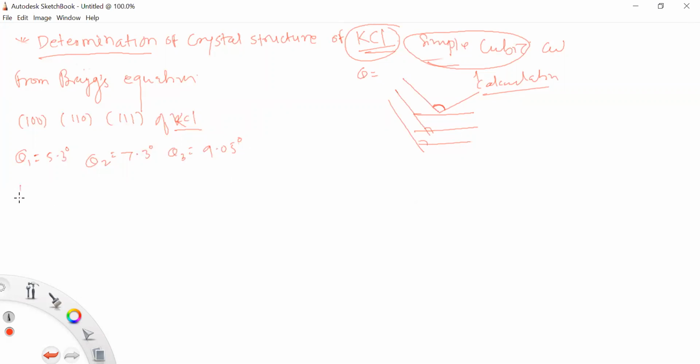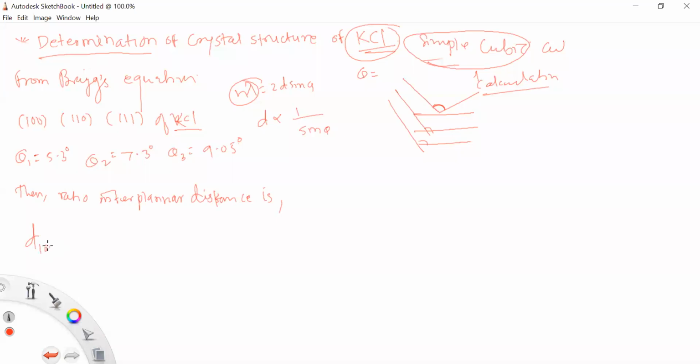Okay, then the ratio of this one, आता आपल्याला इक्वेशन आहे, ब्रॅग्स इक्वेशन आहे, n lambda is equal to 2d sin theta, हे कॉन्स्टंट असल्यामुळे आपण याला d proportional to 1 upon sin theta असं लिहितोय, राईट? So then the ratio of interplanar distance is given as, interplanar distance means d.